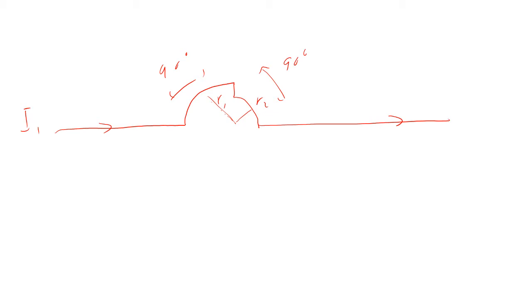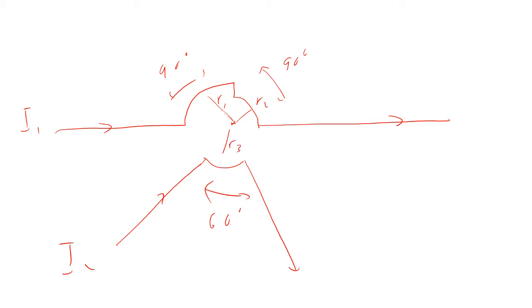Okay, and then we have a second current, I2, which goes straight in this way towards the center of all that, and then right here it stops and then goes around like that and then straight back out, and that is a 60-degree arc right there. Okay, and so this is going to be a radius R3.